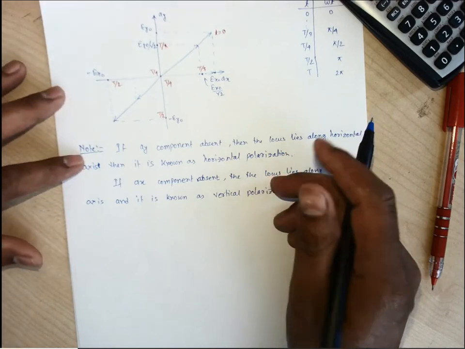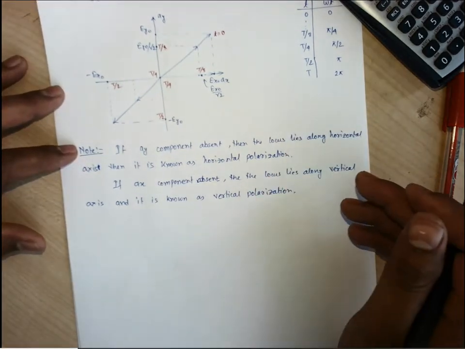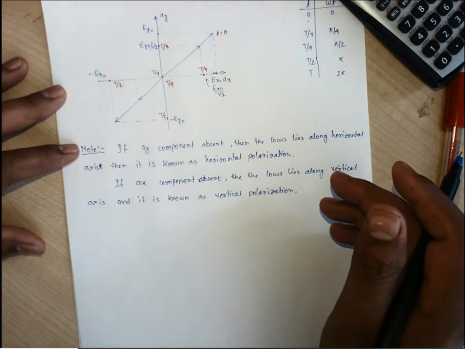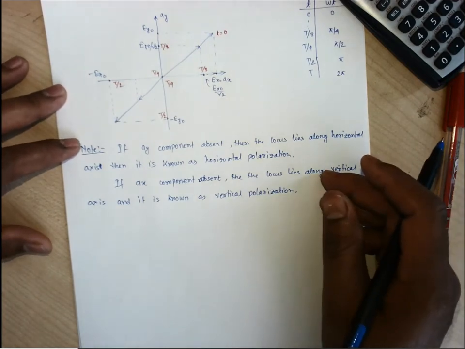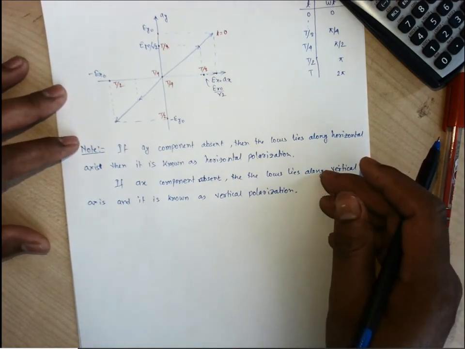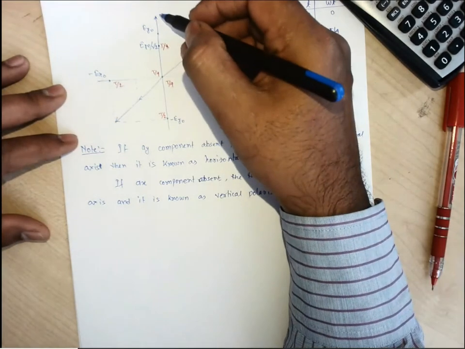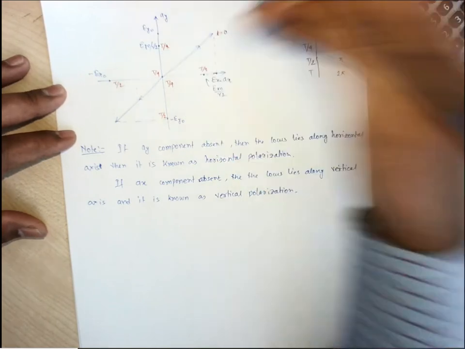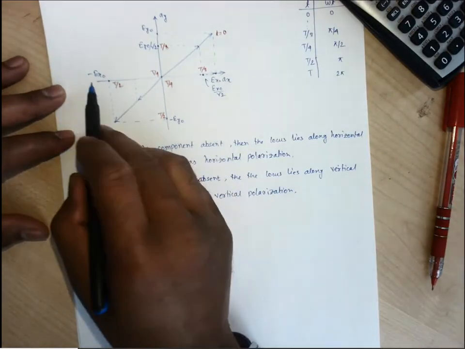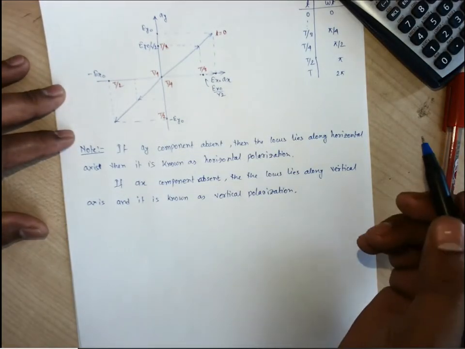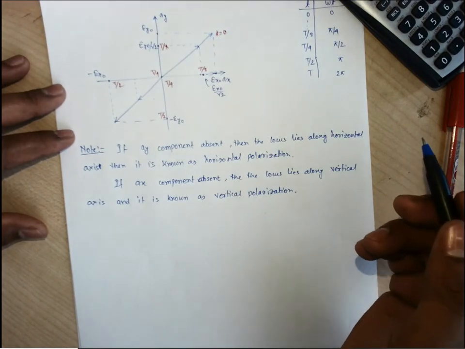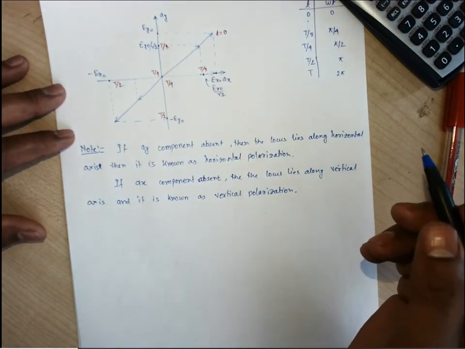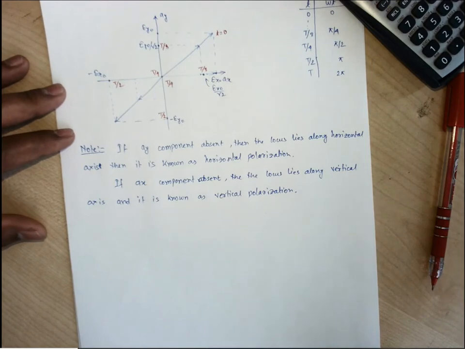Now when we say vertical polarization or horizontal polarization, we must specify where our reference plane is, because for someone this is a vertical polarization, but for someone else this may be the horizontal polarization. This x axis may be the horizontal polarization for someone, but also the vertical polarization for another.